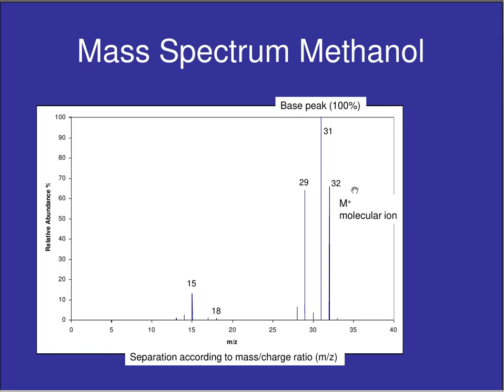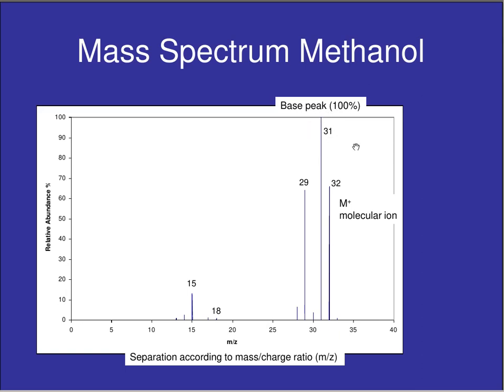We can calculate the mass, and we see that it correlates with the molecular ion that we have here. Okay, so the molecular ion is the mass of the ion, and we can check it against the compound that we're working with. However, there's another peak that's also important, and that's the base peak, and it's always scaled to be 100. It's the most intense peak in the mass spectrum, and it tells us what the most stable fragment is that is formed in the mass spectrum.